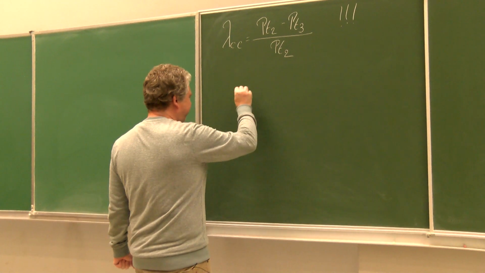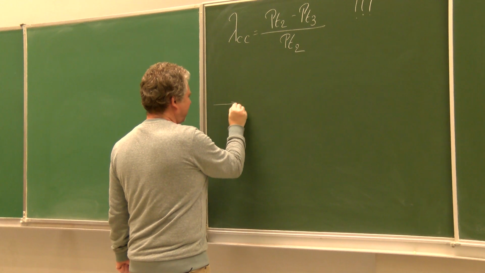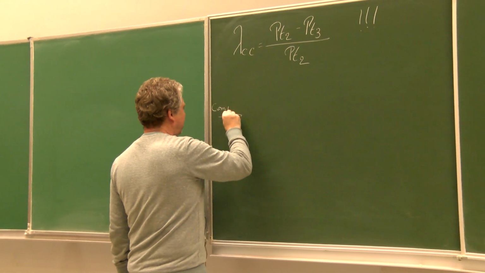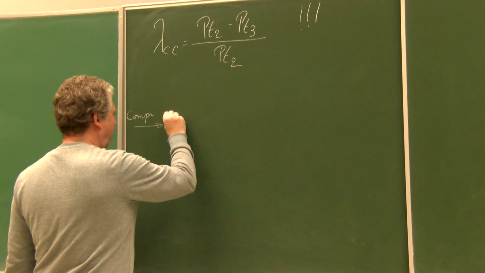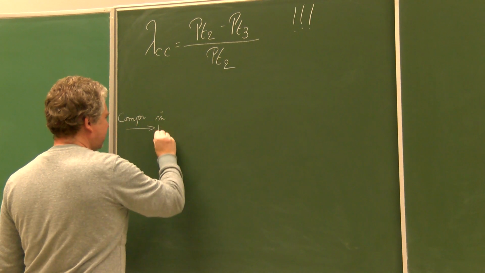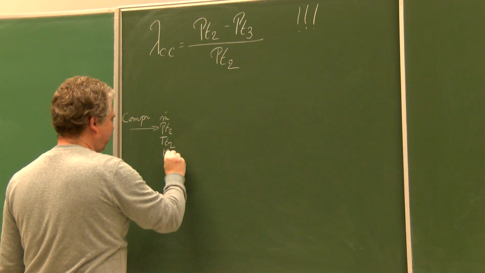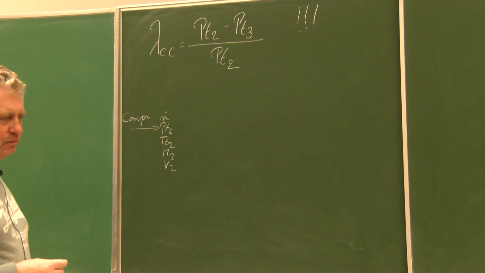You have a situation where at the exit of the compressor, you have a flow of m dot at PT2, at TT2, and at a speed V2 or a Mach number M2.